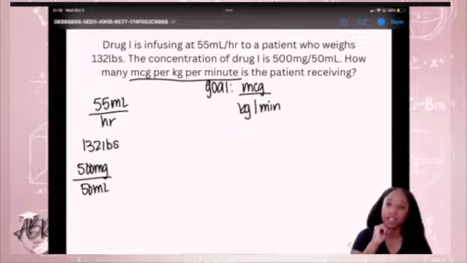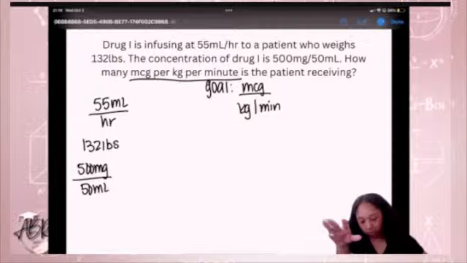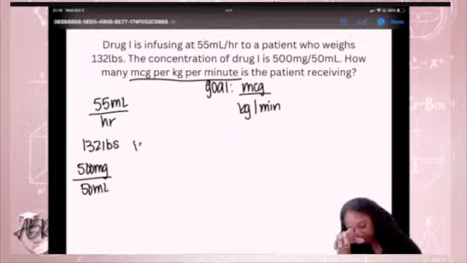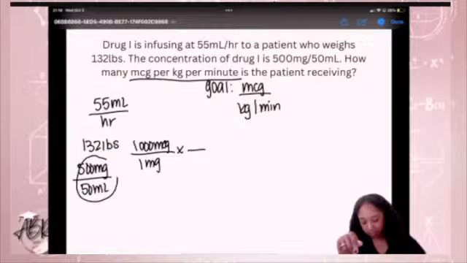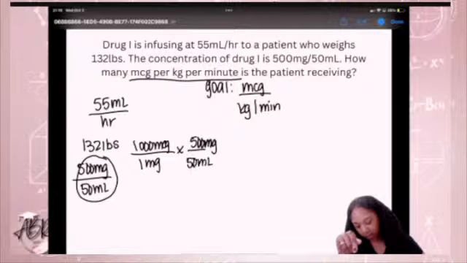Do it the same way every single time, and I promise you it'll make sense, okay? So what we'll do is 1,000 micrograms is 1 milligram. Now I've got milligram at the bottom, so I can put my milligrams at the top. So that's going to be 500 milligrams over 50 ml.